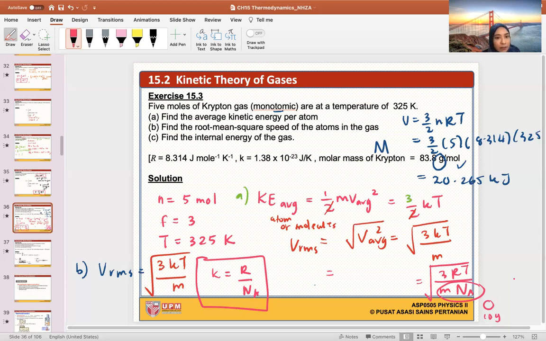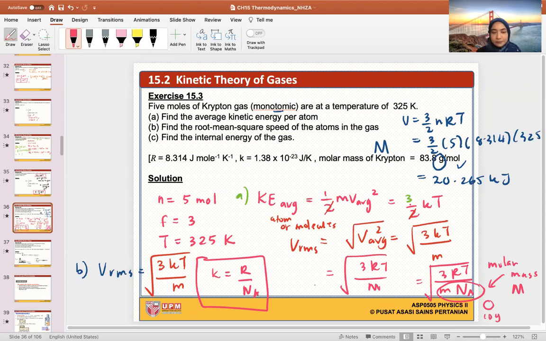Tadi saya cakap small m ni mass of satu atom. If I multiply it with the Avogadro constant, I get the mass of the entire 1 mole. So this becomes molar mass. So small m times NA gives me capital M. So this is where your 3RT over capital M comes from.